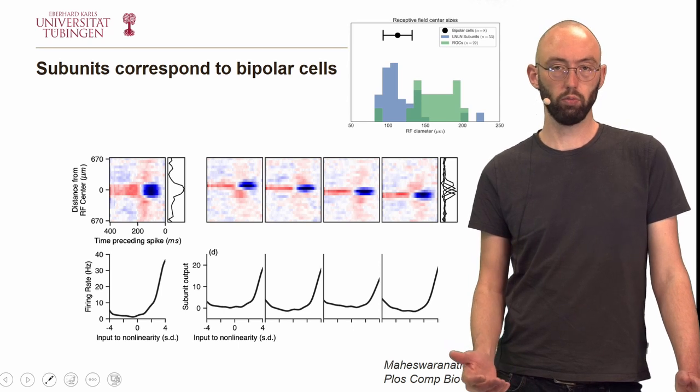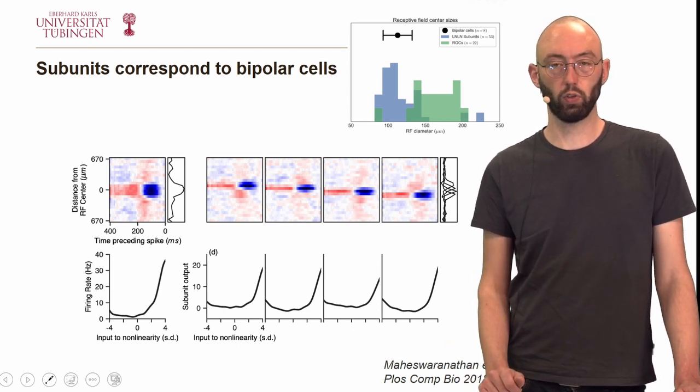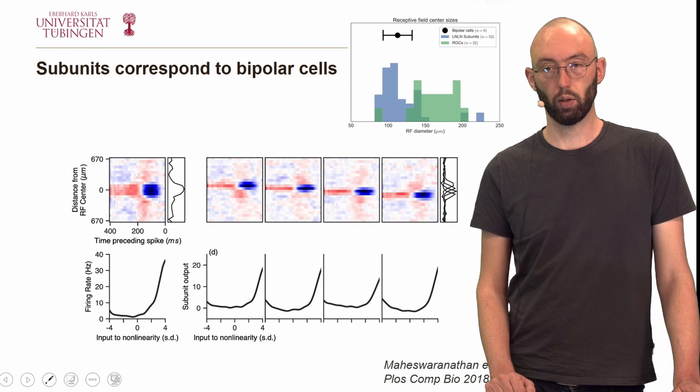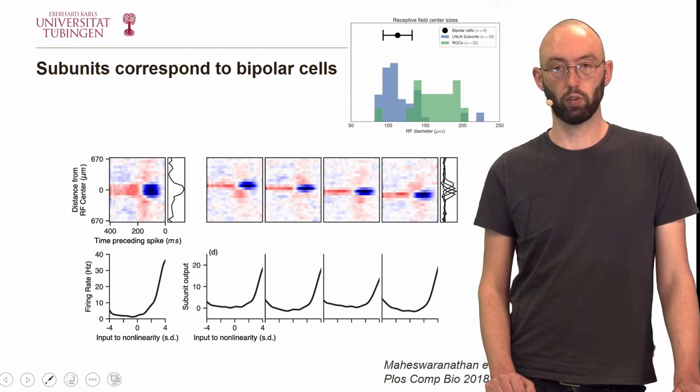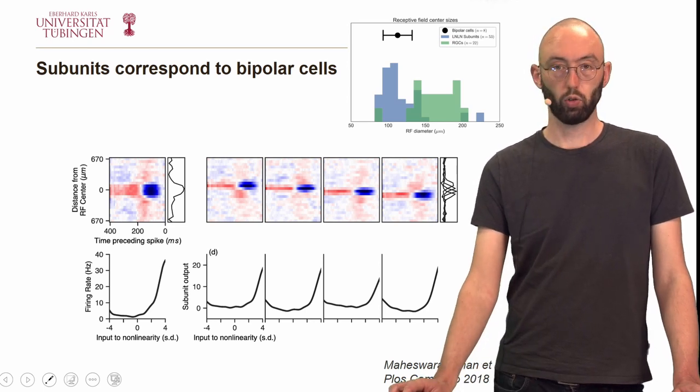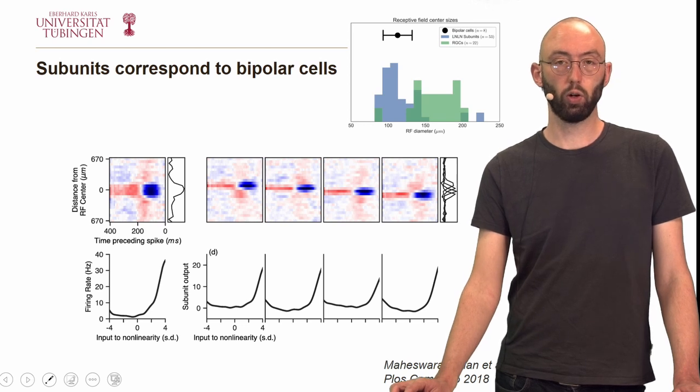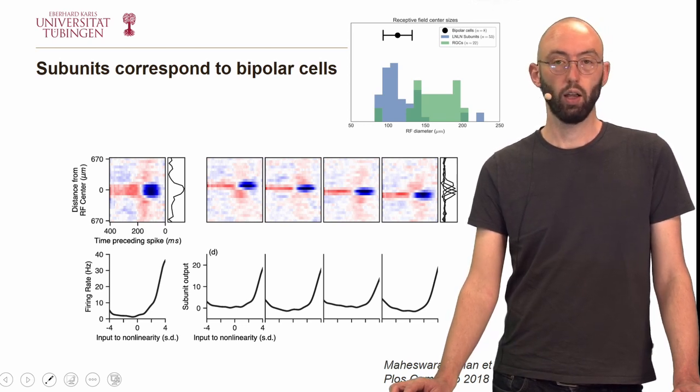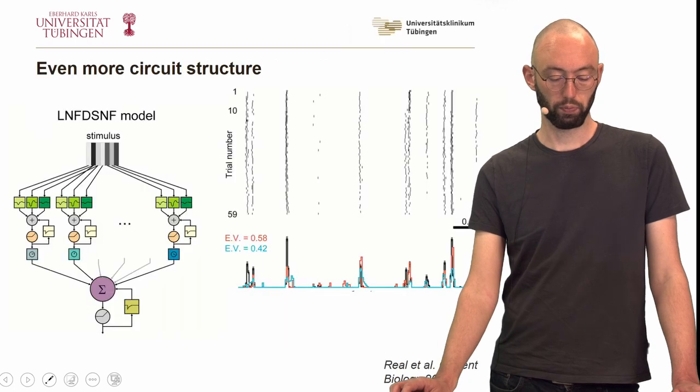So it is possible, and there's also more direct evidence that shows that these subunits in fact correspond to bipolar cells. So subunit models can also be used to close the gap between statistical and circuit-based models.